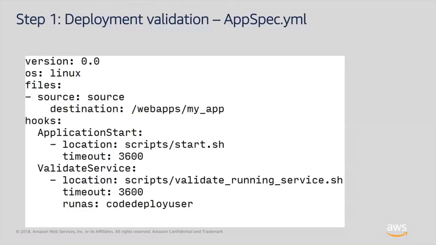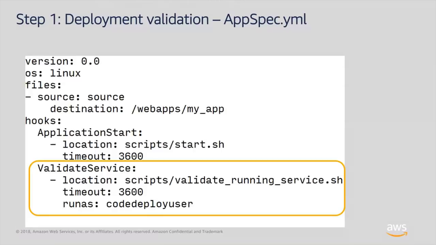So in this particular offering here, what we're going to do is provide a script that's going to be executed after our server has been started. And we're going to basically make sure this application is functioning the way we would expect from just a high level. Is it deployed properly? We're not getting any errors on the app, from the app server itself. So that's what we're doing down here.